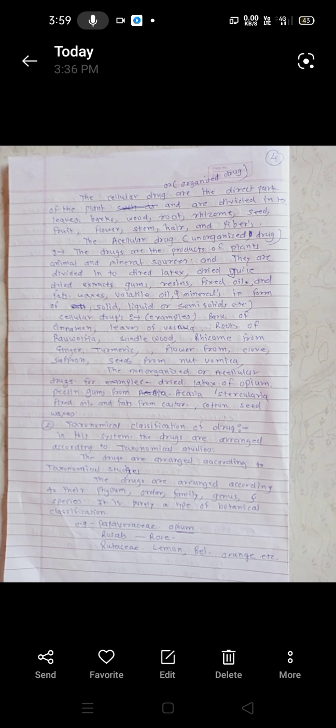Next, the extraction procedure of crude drugs: how to extract the crude drugs. Extraction is the process of efficiently dissolving and separating constituents from the crude drugs with the use of a solvent. The different extraction types are maceration, then the extraction of drugs from powder, as well as decoction. In this way, different extraction procedures may be used.